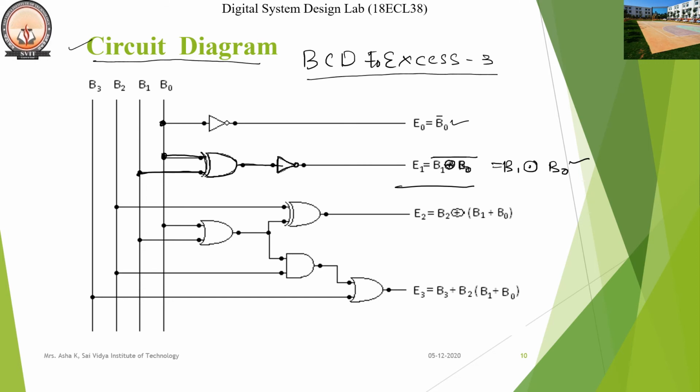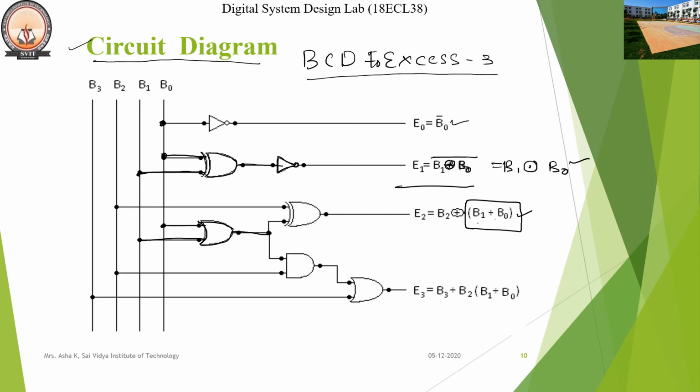Next, for the E2 bit, we'll have B2 XOR operation with B1 OR operation with B0. First, consider the term B1 OR B0. This is B1 and this is B0. Use the OR gate and consider this particular point.